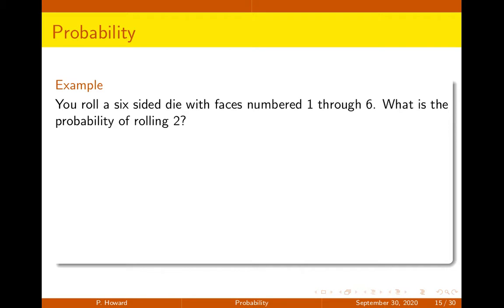But on this slide, I just want to tell you a few things about probabilities. Probabilities are assigned to events. Like rolling a 2 is an event if you're rolling a 6-sided die. The probability of an event is supposed to be the fraction of the time that event will happen.